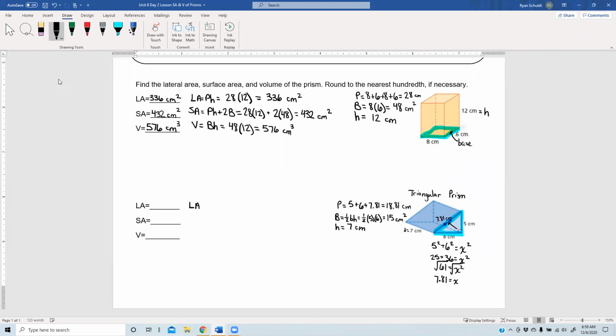So lateral area is big P times h. P is 18.81. h is 7. So if we multiply those together, we'll get 131.67 centimeters squared.